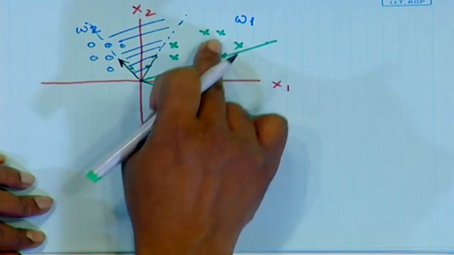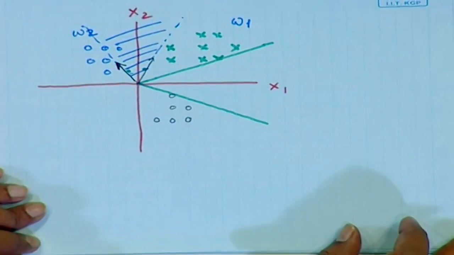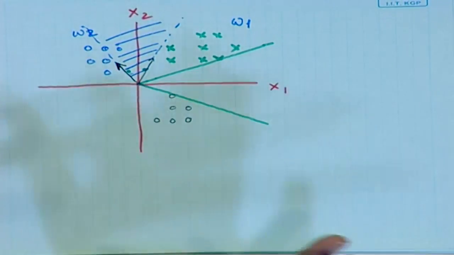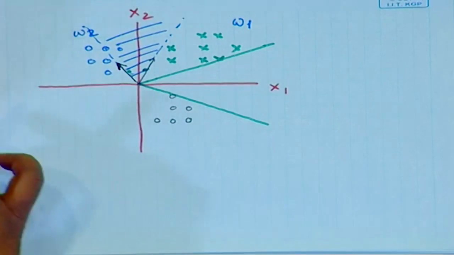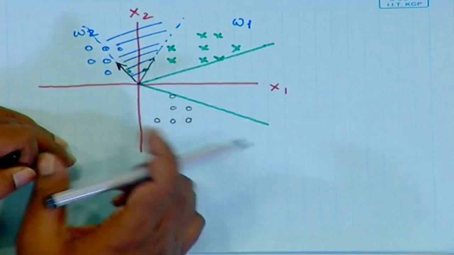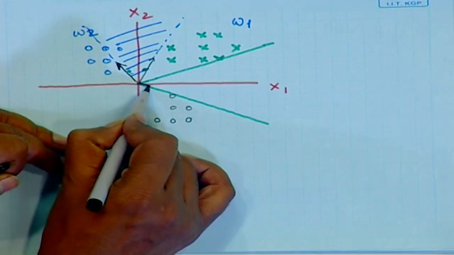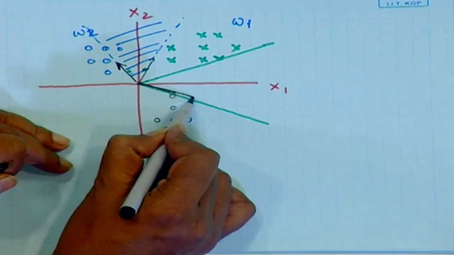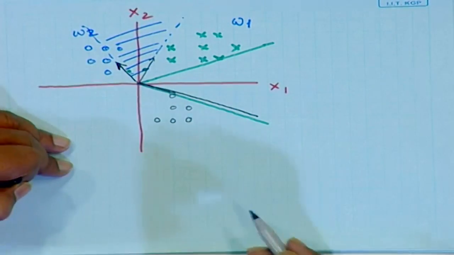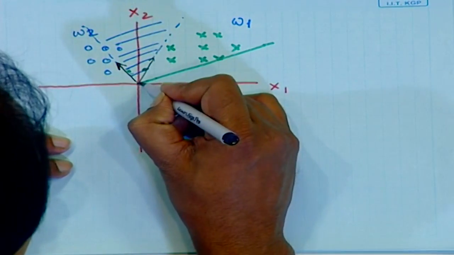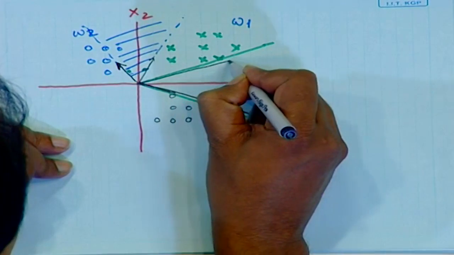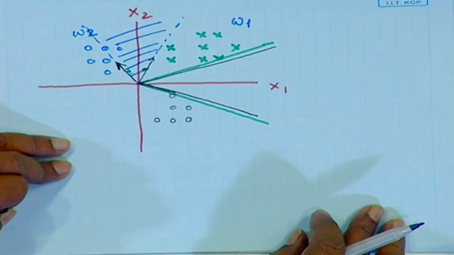But you remember that these training samples are just representatives, they do not cover the entire set of samples. Now, what it means, if the weight vector converges somewhere over here, then actually I am getting a decision surface which is just outside this sample. Okay. If the weight vector converges here, I get a decision surface which is just outside this sample, right.